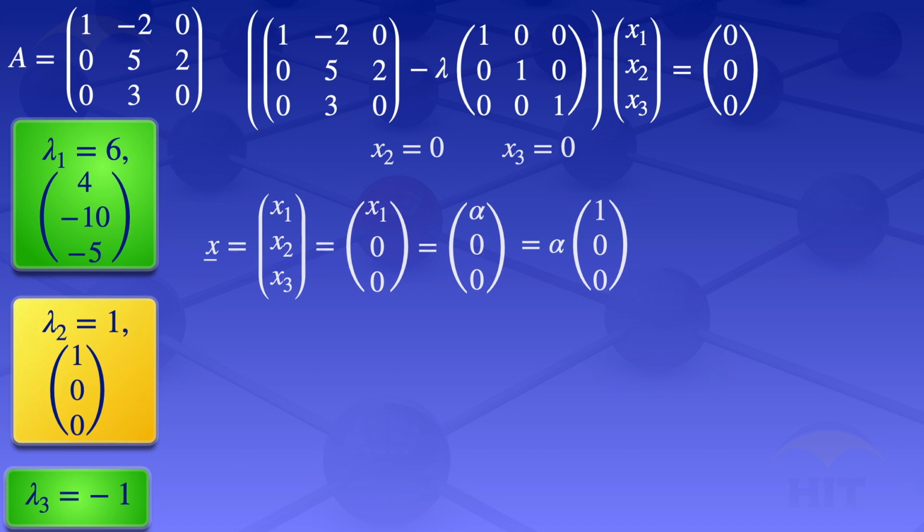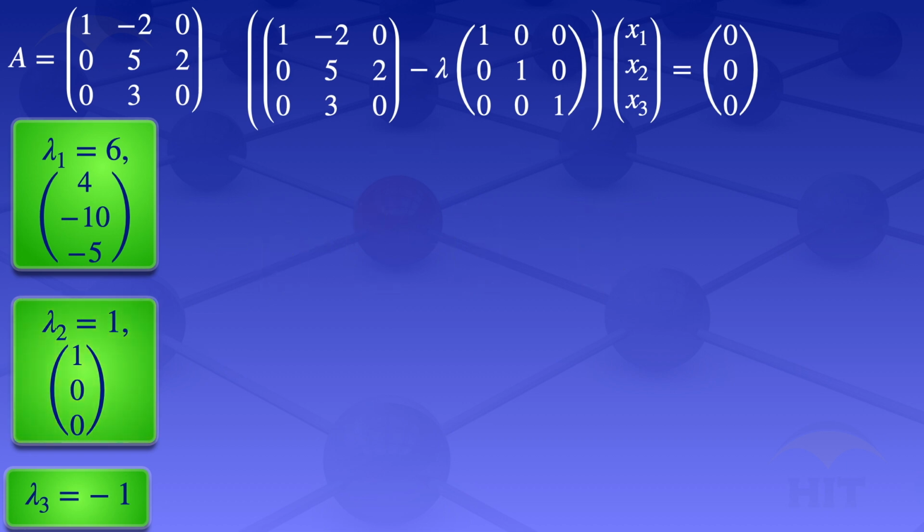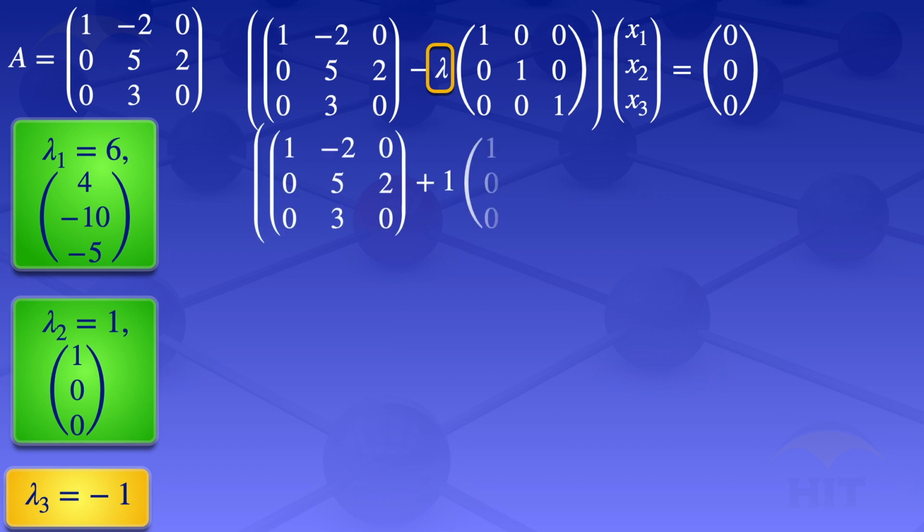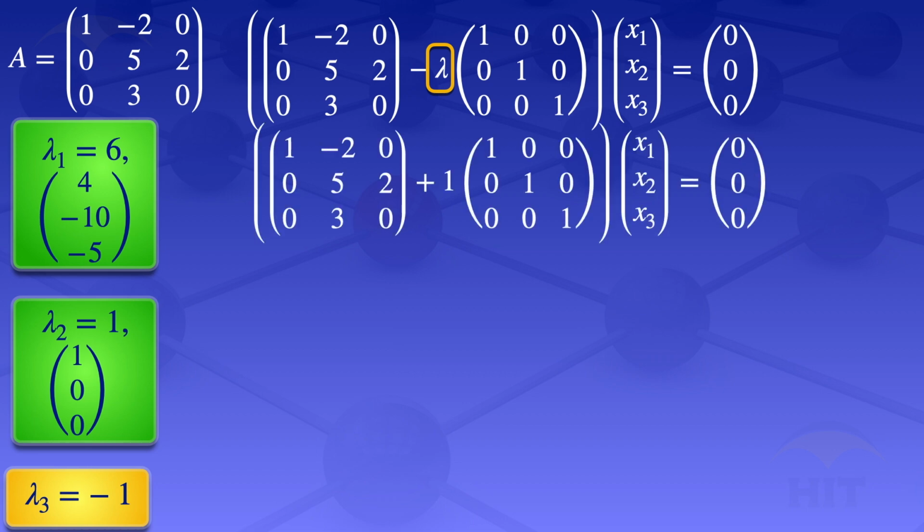Now move on to the third one there for lambda equals to minus 1. Substitute minus 1 here. So when you substitute minus 1, it will result in a plus there. So we'd have the matrix A plus the identity matrix multiplied by the column vector x is equals to the 0 vector.